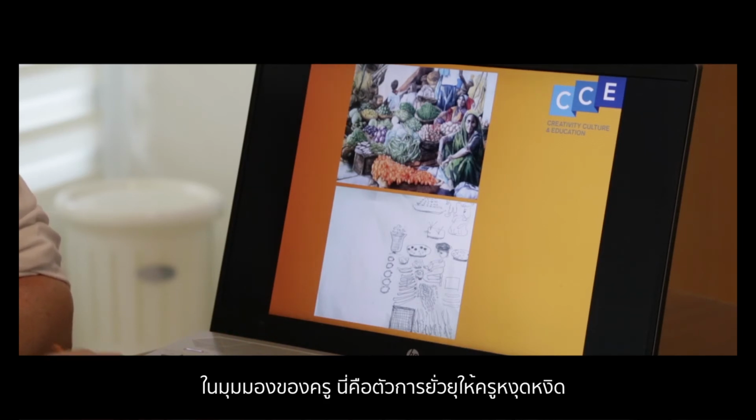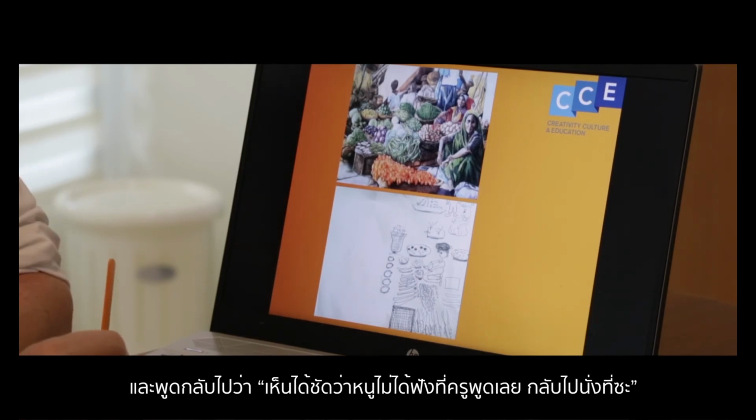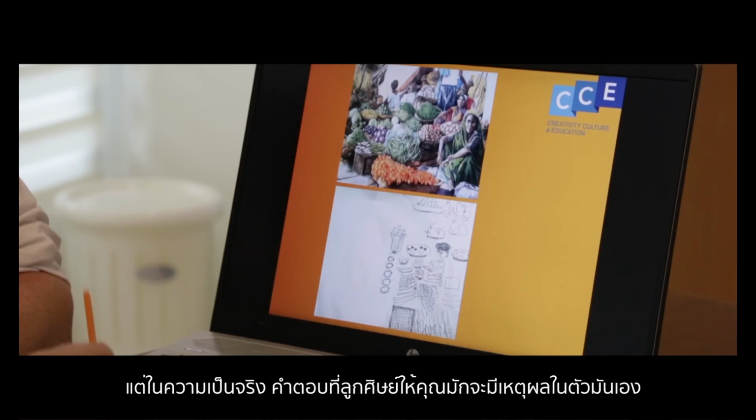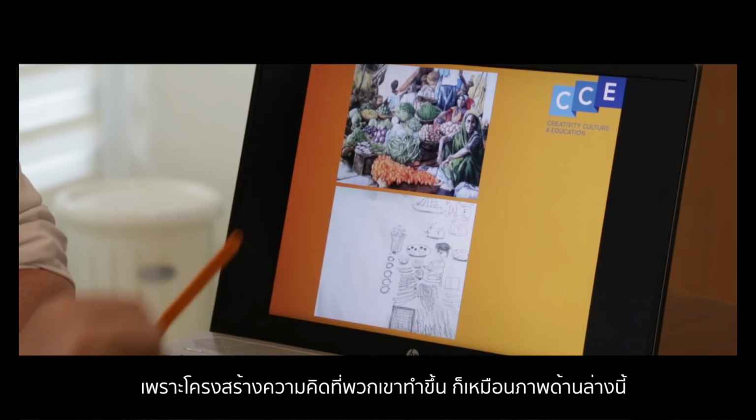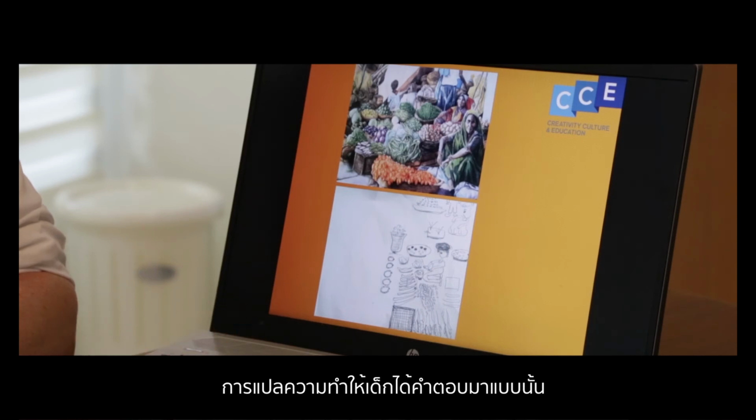The temptation as a teacher is to feel frustrated and say, you clearly weren't listening to what I was saying. Go back to your seat. But in fact, often the answer that pupil is giving you is logical to them because the structure that they have created underneath it is the one that produces that answer.